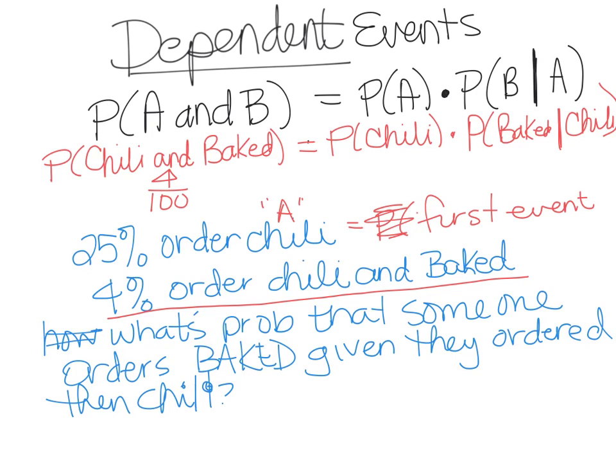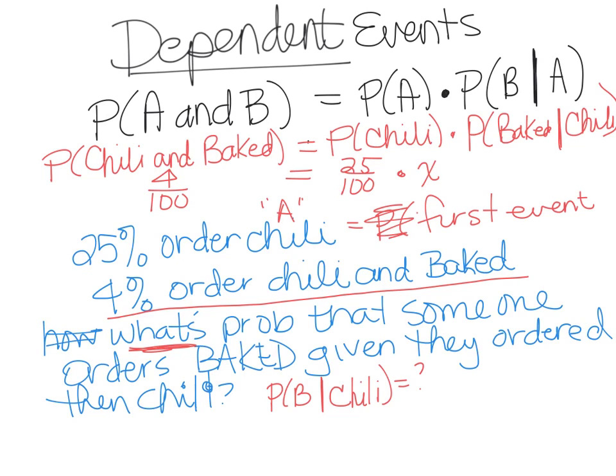That's going to equal the probability that you order chili, which is 25 over 100, times the probability of baked given chili, which is X. And indeed, that's what this is asking for. What's the probability that someone orders baked, given that they ordered chili? That's what they're really asking for.